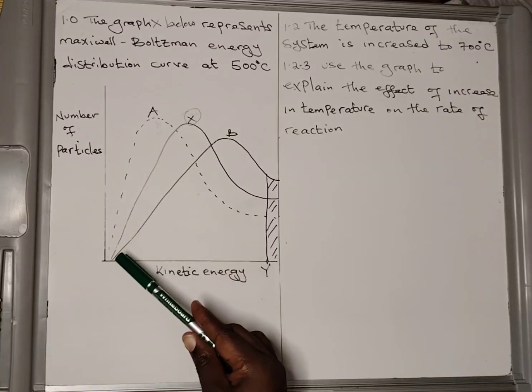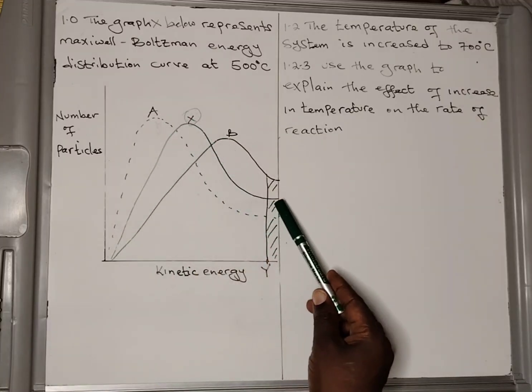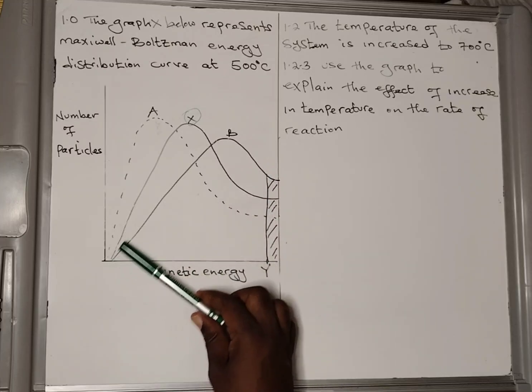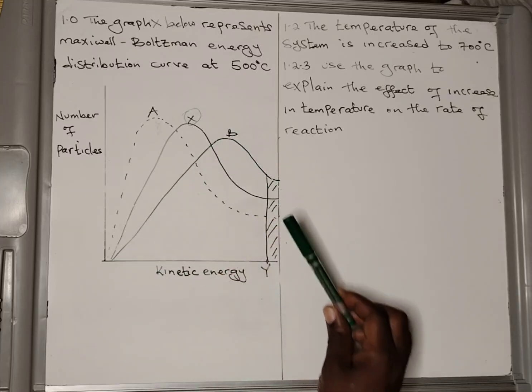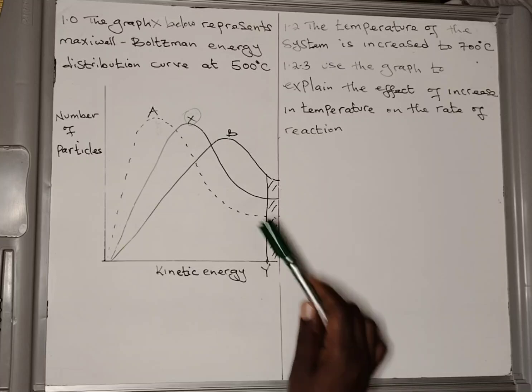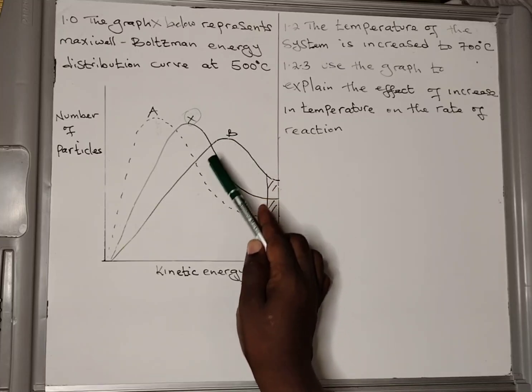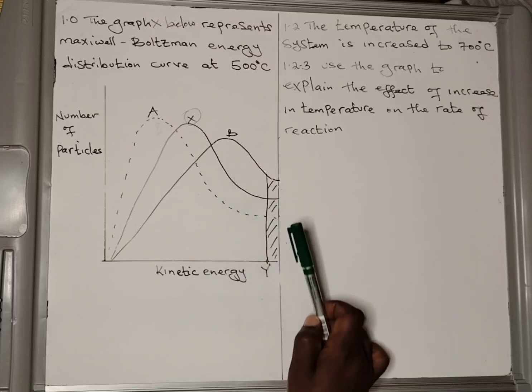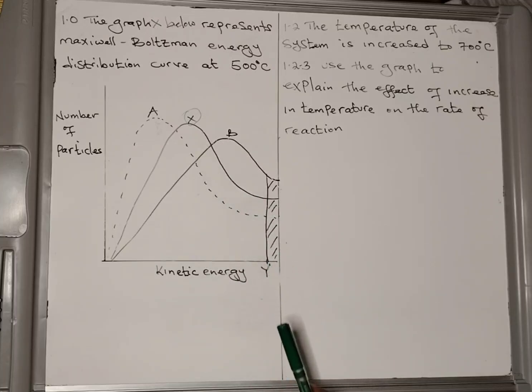We are seeing that initially the graph was X, and when temperature was increased, the graph changed to B. And using these graphs, how do you explain the effect of this change on the rate of reaction?